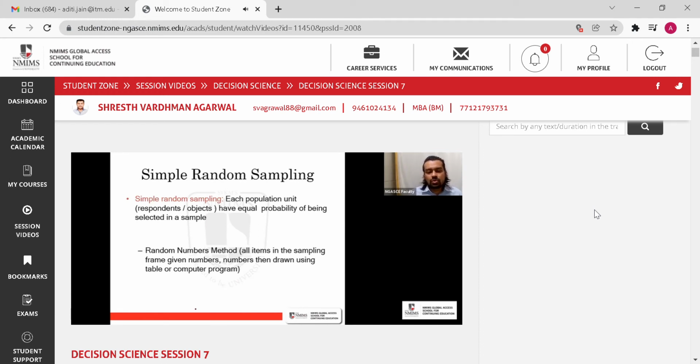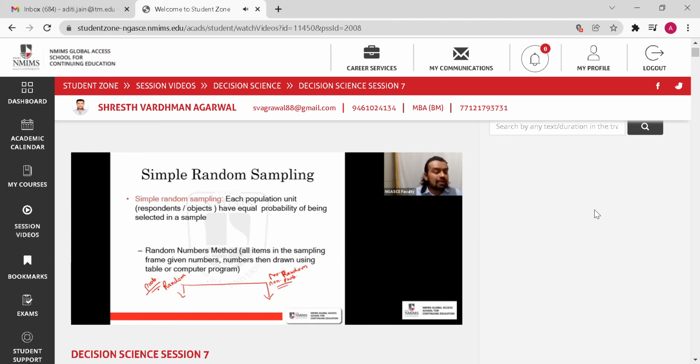There are so many sampling plans, but if you categorize them, there are two. The first one is random, which is called probability sampling. The second one is non-random, which is called non-probability sampling.